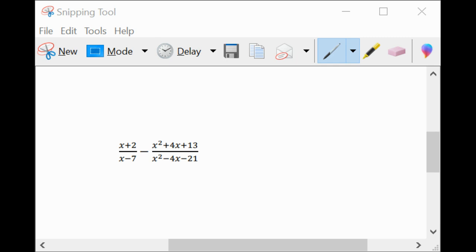Now here's the kicker. Make sure that you include that sign. So negative 7 times n is negative 7n. And negative 7 times 7 is negative 49. The denominator is not going to change.